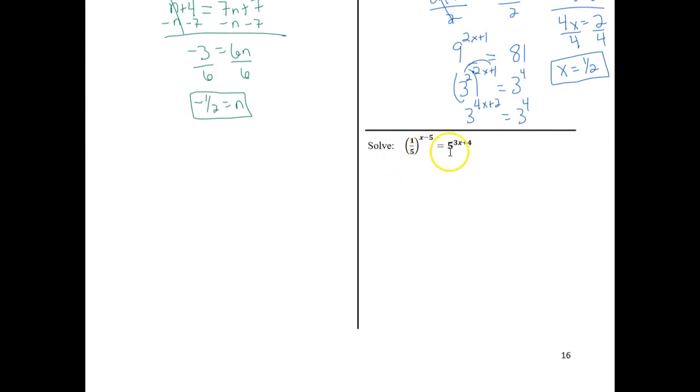In this last example, again, the first thing I'm going to do is take the reciprocal of this 1/5, because I want to have just a base of 5, not a base of 1/5. So to take that reciprocal, that means that 5 has to have a negative 1 power.